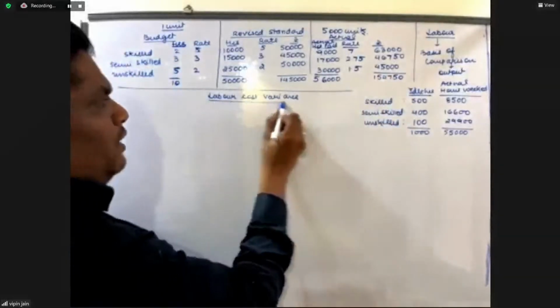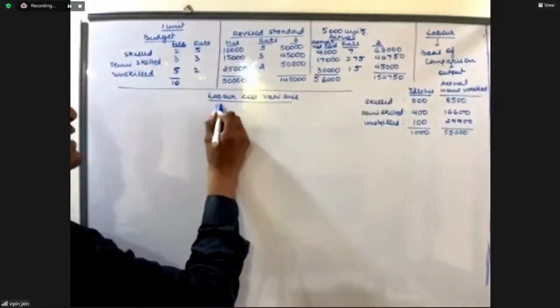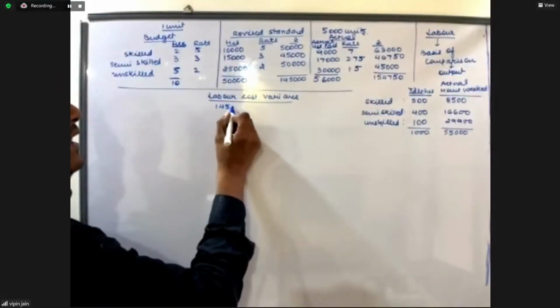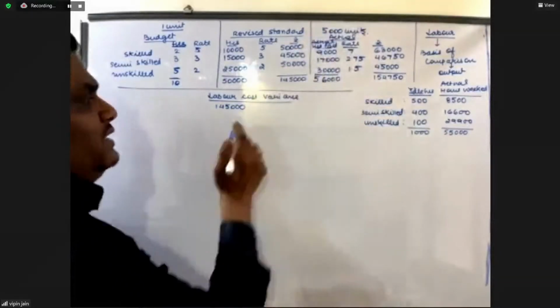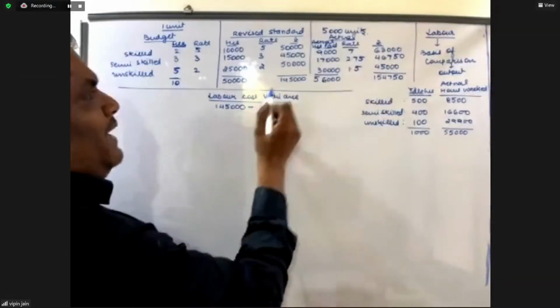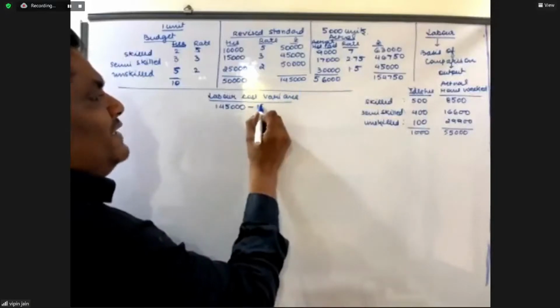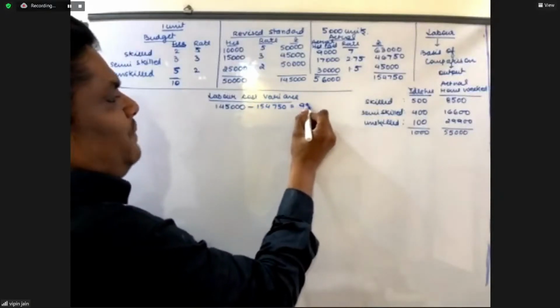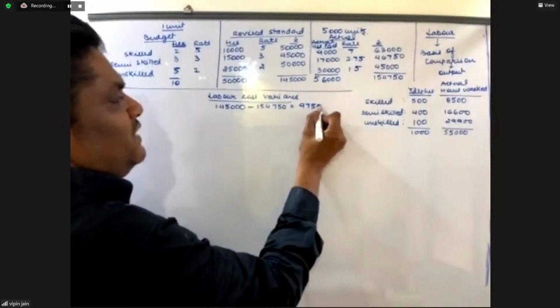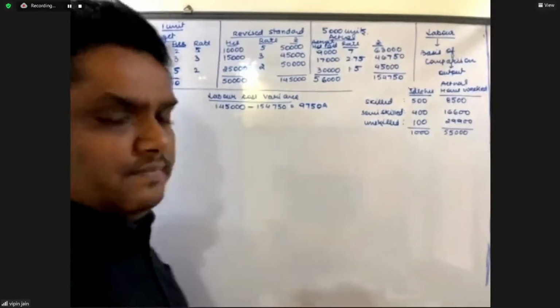So when talking about labor cost variance, there will be no change. That is, we were supposed to pay 1,45,000 for manufacturing 5,000 units, but we actually paid how much? 150 for 750. So how much extra we paid? 9,750 extra we paid. We call it adverse.